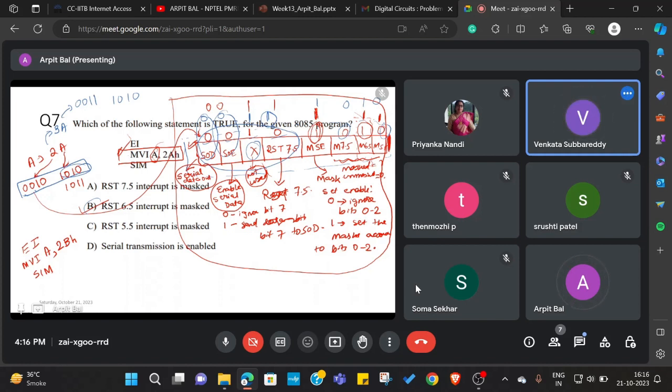The rest of the bits will have the same meaning as in our previous examples. So 1010 means that mask set enable is 1 and M6.5 is going to be 1. It means M6.5 will be masked, but RST 7.5 is going to be reset.